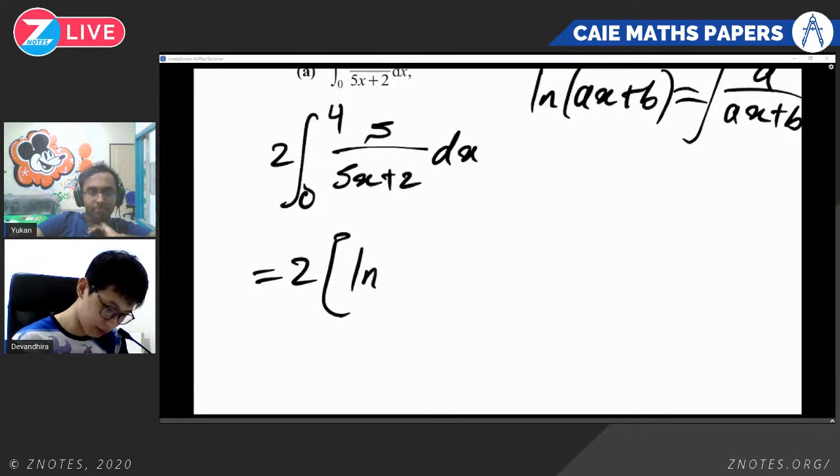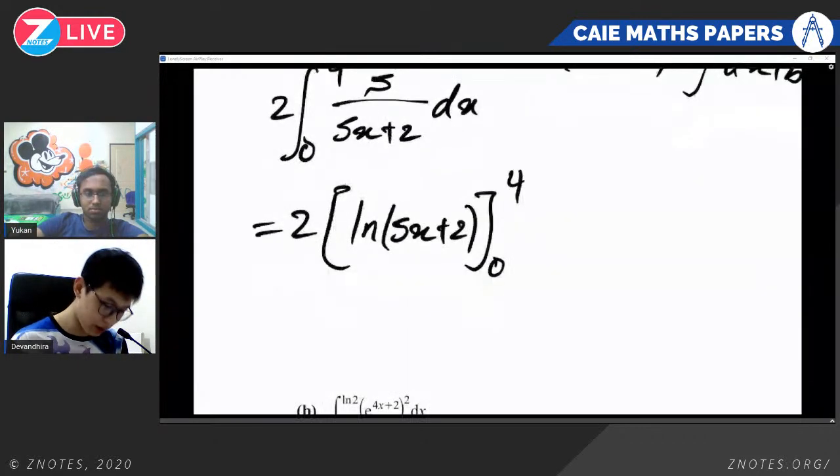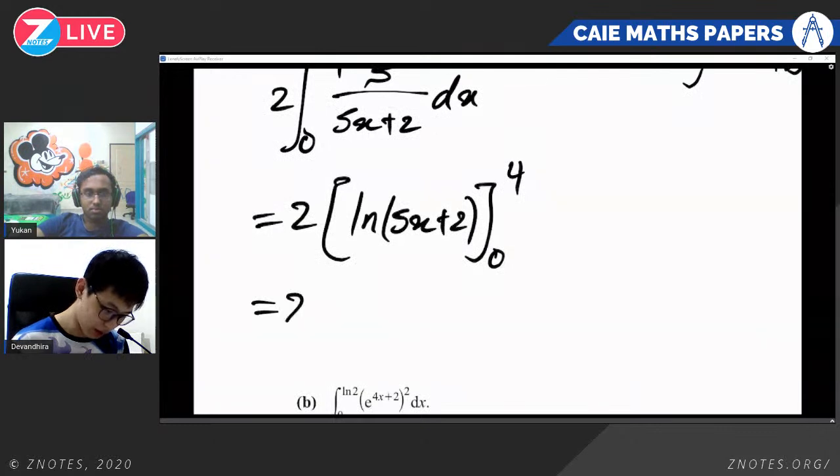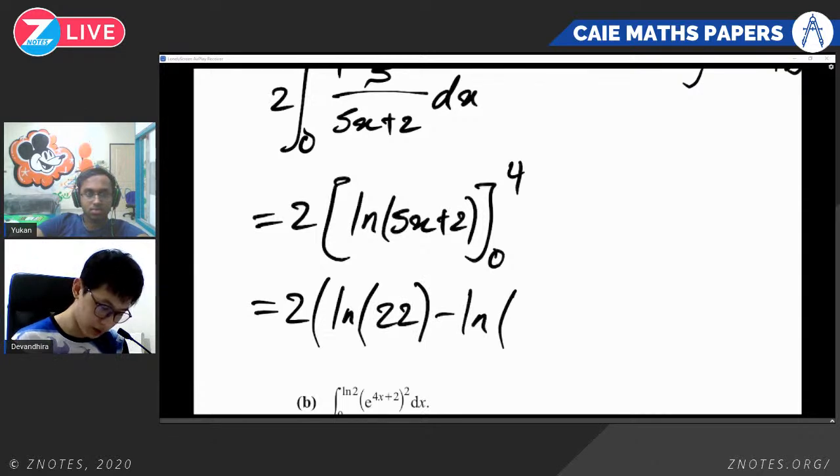It results in ln of 5x plus 2, evaluated from 0 to 4, of course. Correct? Mm-hmm. All right. So let's put x as 4, and we have ln of 5 times 4 plus 2, which is 22, minus ln of, when x is 0, we're left with just ln of 2.